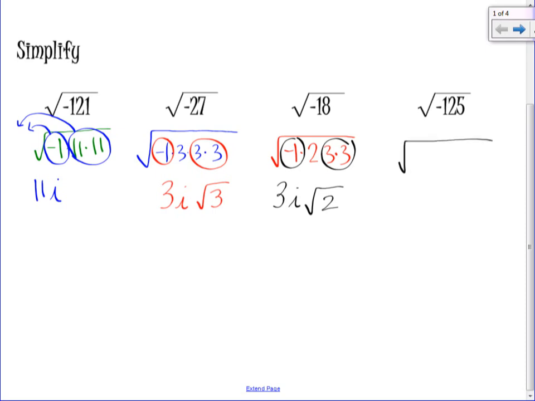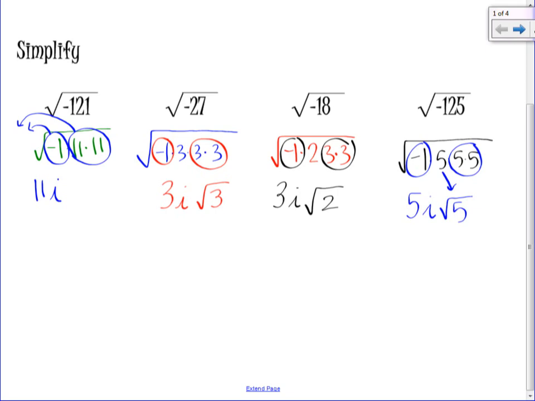This one, -1, 5, 5, 5. Take out an i, take out a 5, and this 5 is still left over. Questions on that?